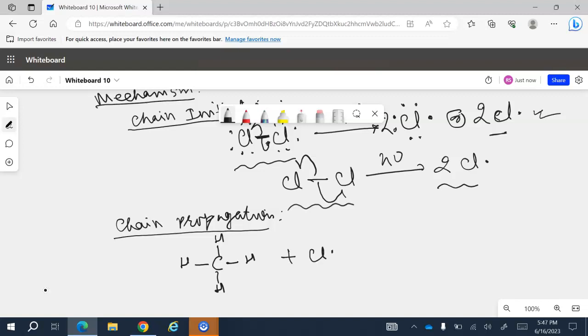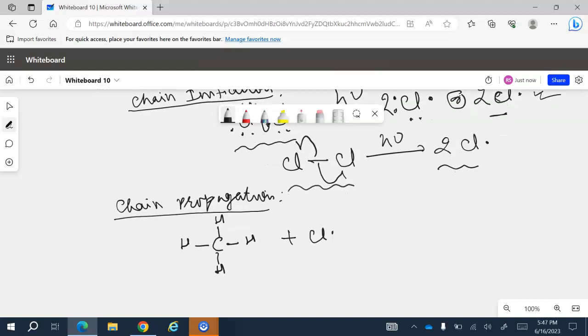In this step, this chlorine radical causes the cleavage of the carbon-hydrogen bond homolytically. That means one electron goes to hydrogen and one electron goes to carbon, because the chlorine free radical causes that.